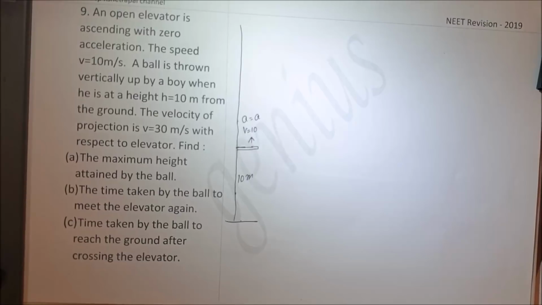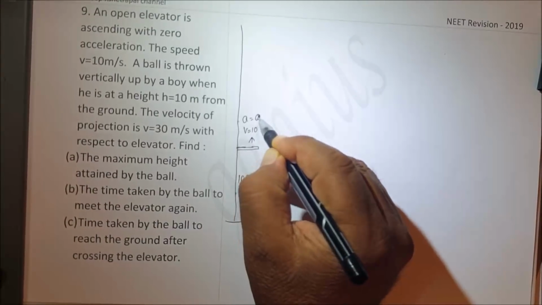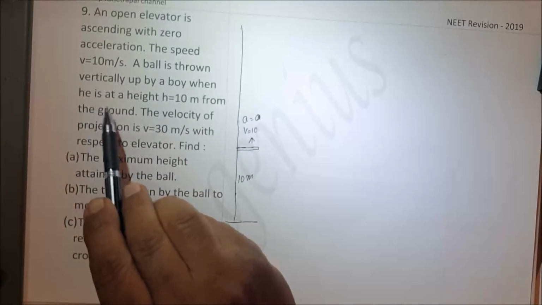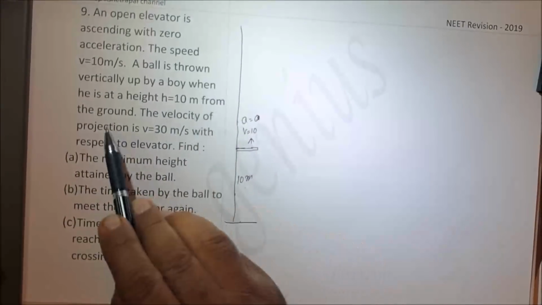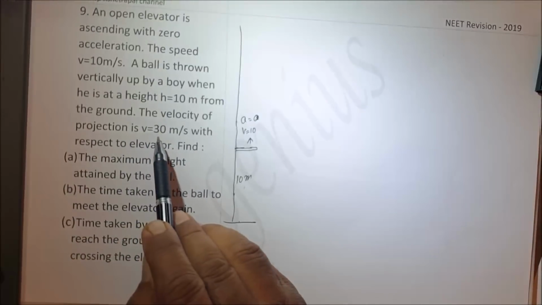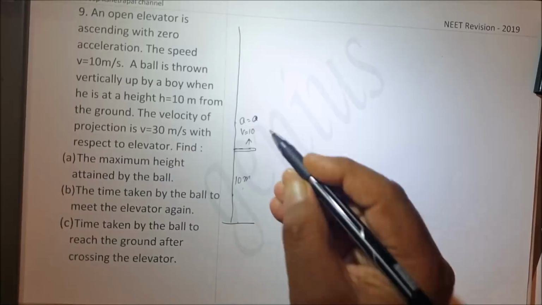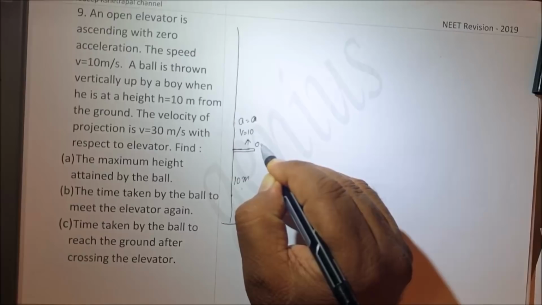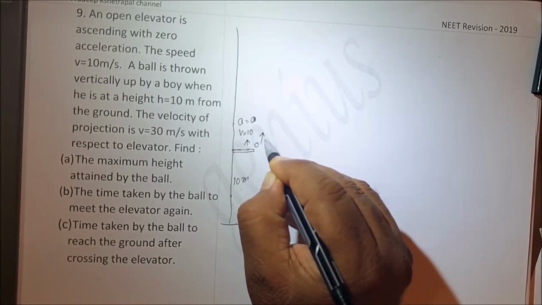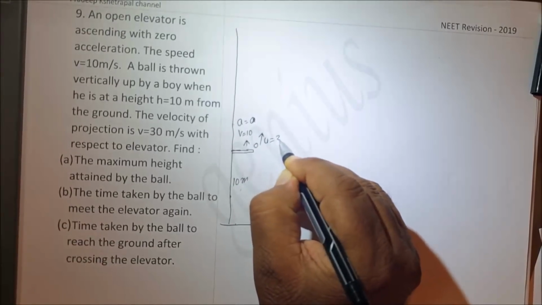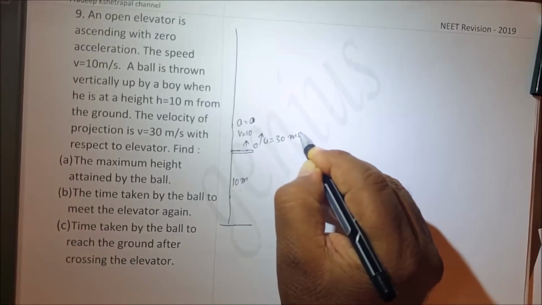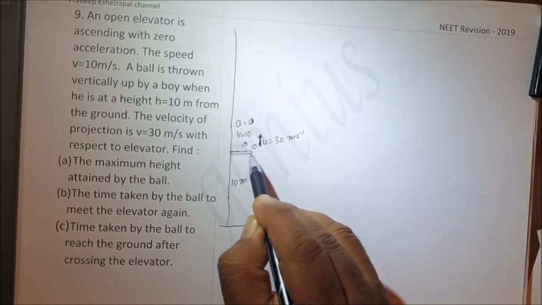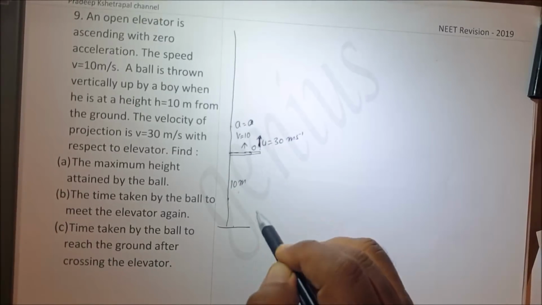Now, once we know acceleration is 0 and velocity is 10, let's go with the story. He is at a height of 10 meters. The velocity of projection is 30 meters per second. He is throwing a ball up and the velocity of this ball is U equal to 30 meters per second, but is it related to the elevator or the ground?